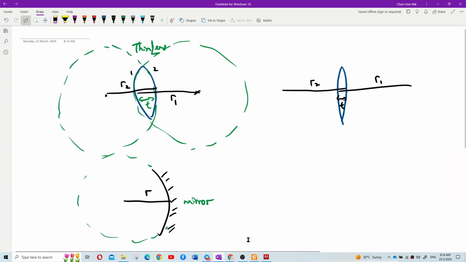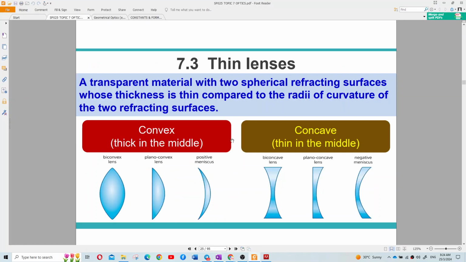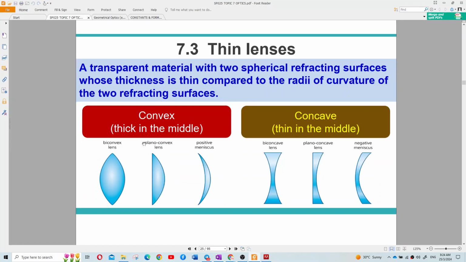So we have two types of lens: convex lens and concave lens. What's the difference between them? Looking at these, we have biconvex lens, plano convex lens, and positive meniscus lens, also called convex meniscus.